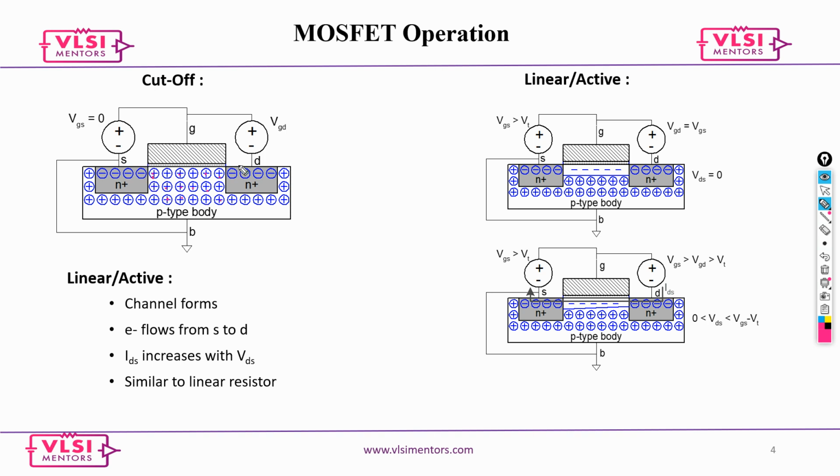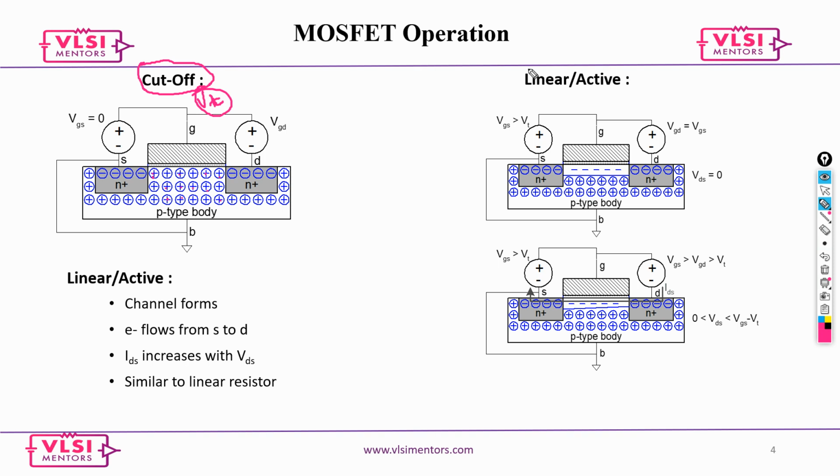There is no channel formed here, so the charges which are sitting here cannot travel, because there is no channel. That means your ID is basically zero. And why is the channel not formed? Because your gate voltage is less than your threshold voltage VT. That is what we call cutoff.